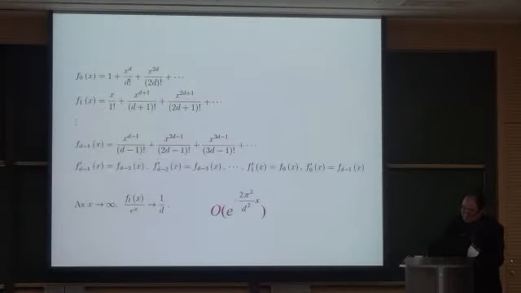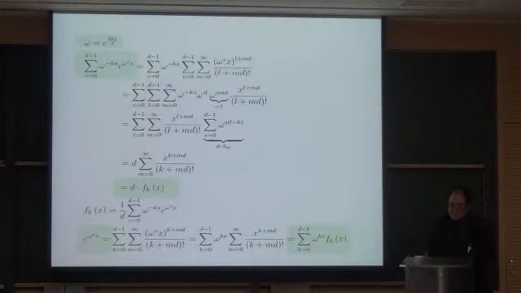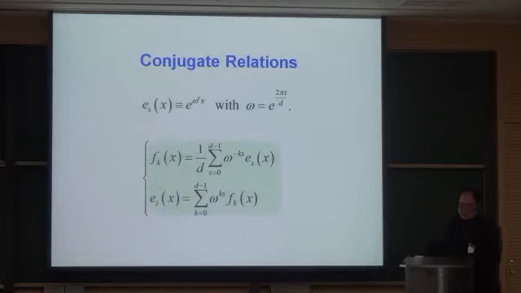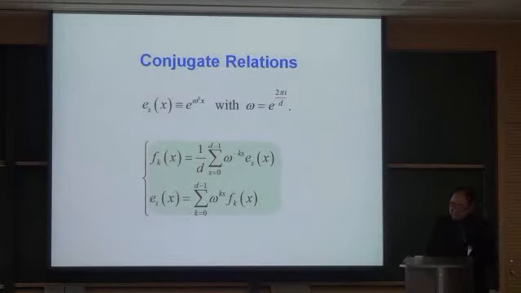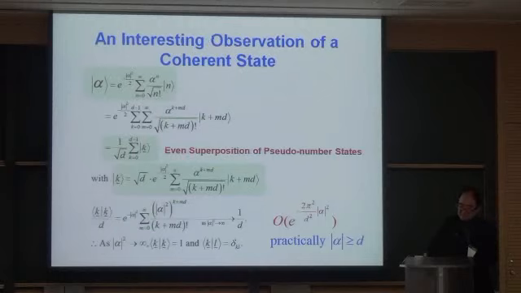And the accuracy is like this. Then using this fact, I can construct a conjugate relation like a Fourier transform. This is polynomials, and omega is the dth root of unity in complex space. This polynomial and these exponential functions have conjugate relations. So I'm going to use this for physics.